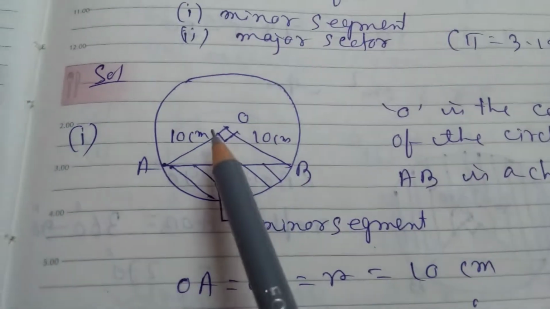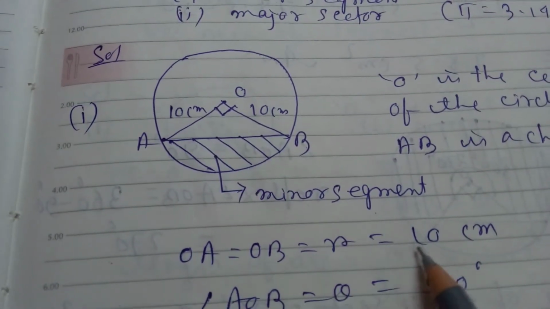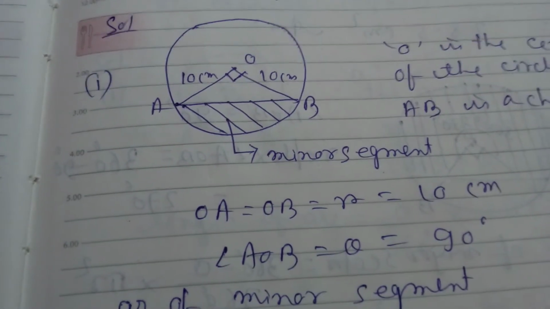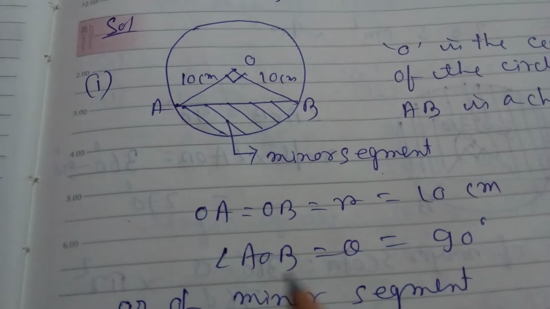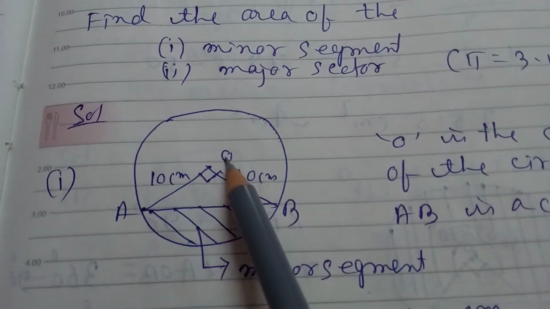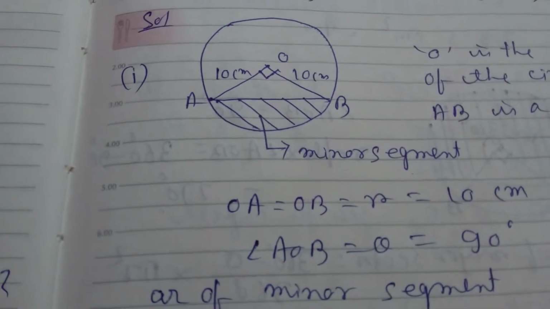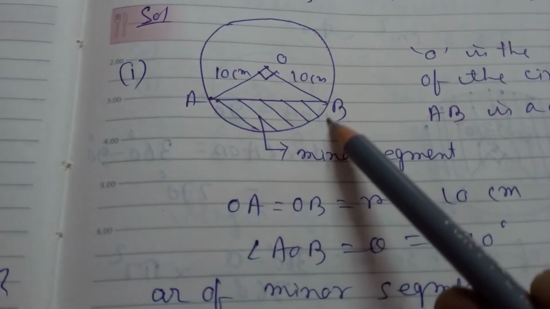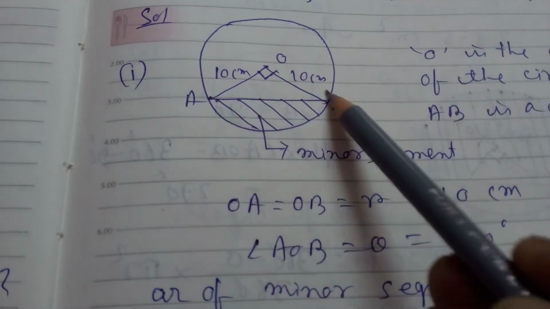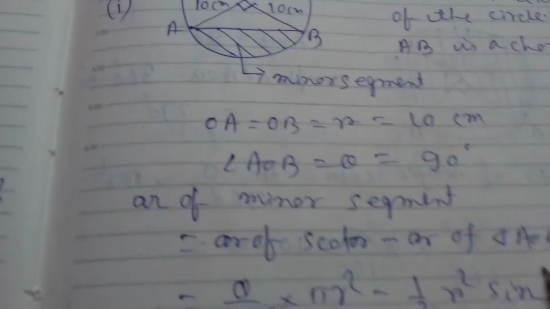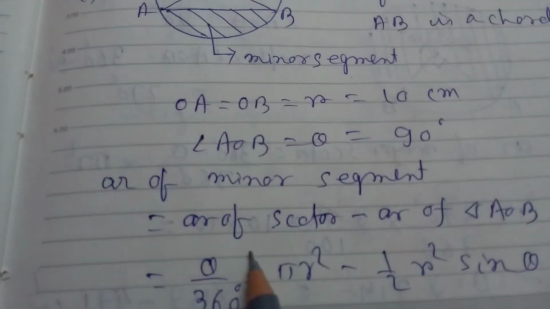Now OA equal to OB equal to r, that is 10 centimeter, and angle AOB equal to theta is given 90 degree. Okay, so area of the minor segment is area of the sector minus area of the triangle AOB. So what is the area of the sector?